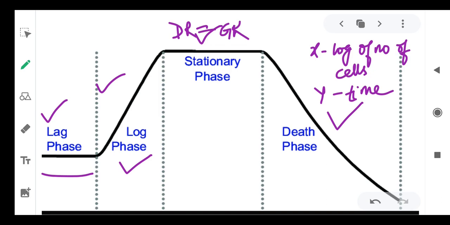Then comes your declining phase. Declining phase means it started to decline. So during the stationary phase, the death rate may become higher than growth rate. So when your death rate is becoming higher than growth rate, then there is a declining phase. And ultimately, there is what is occasionally referred to as the deceleration phase.